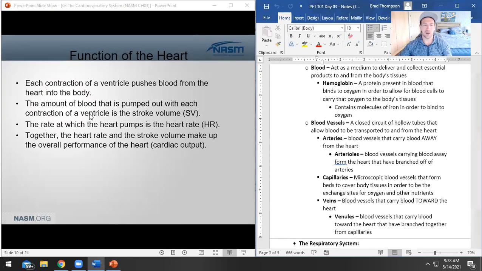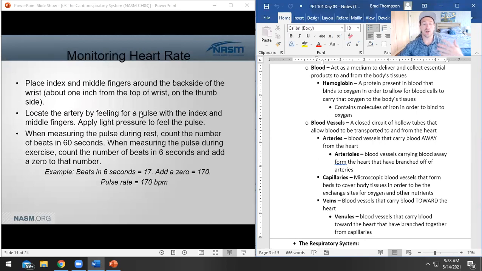All right. So we are obviously going to monitor heart rate. That's a very important thing that we do. We want to be able to apply various levels of stress depending on what our clients' goals are, and we need to know what the maximal amount of stress they can handle is. That way, we can work at a percentage of that.